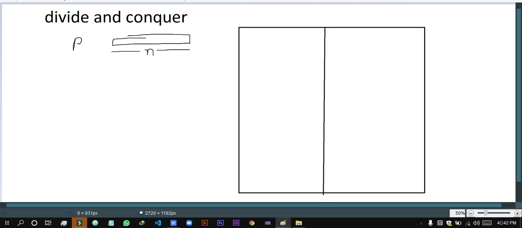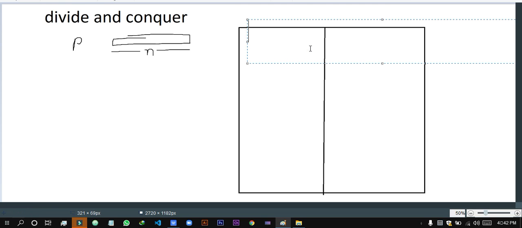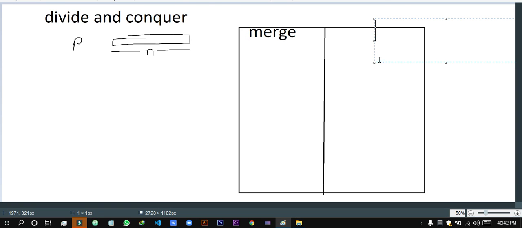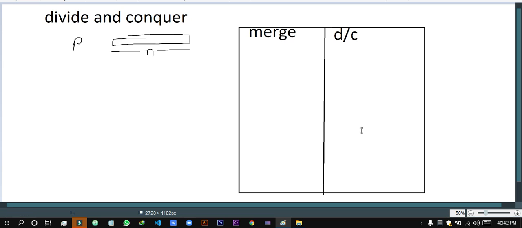There are two boxes, one for merge sort and one for divide and conquer. There are a couple of similarities and a relationship between them. In this technique we divide and conquer later. I mean to say, we divide the array, similar to how we also divide arrays into subparts to get a proper solution.